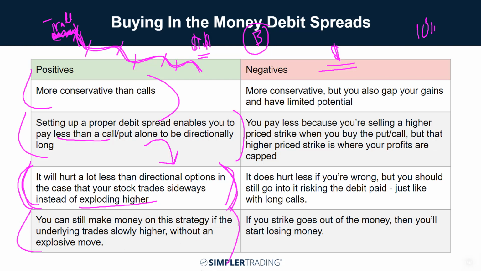Now, the other great part about this is that you can still make money on the strategy if the underlying trades slowly. And this is true for a call debit spread, but in the case of a put debit spread, let's say that instead of Netflix falling 30% overnight, it's just a slow bleed like it has been. Just slowly dying.